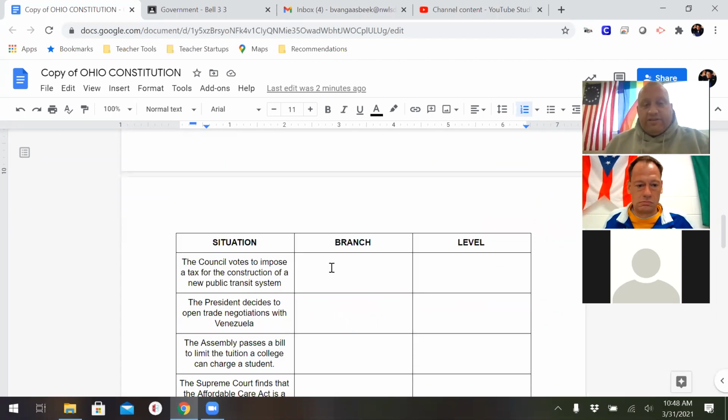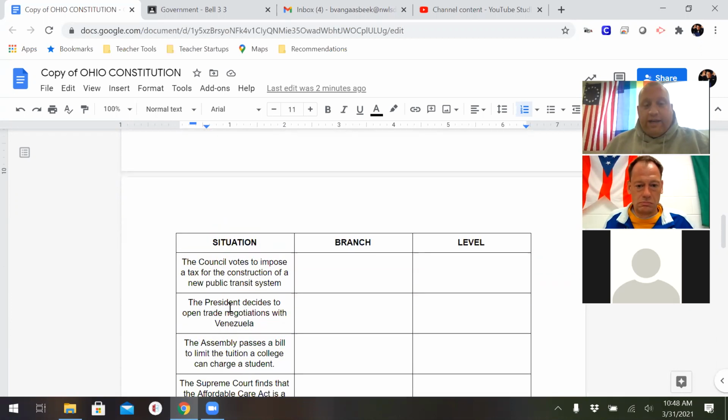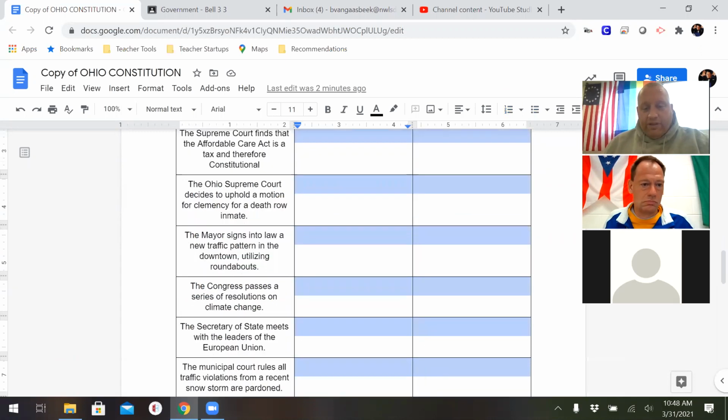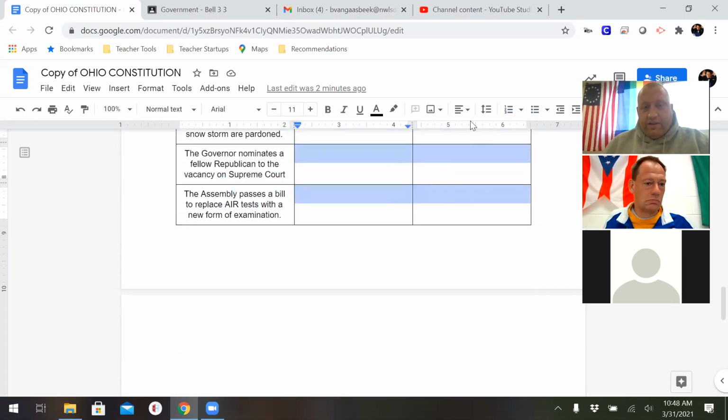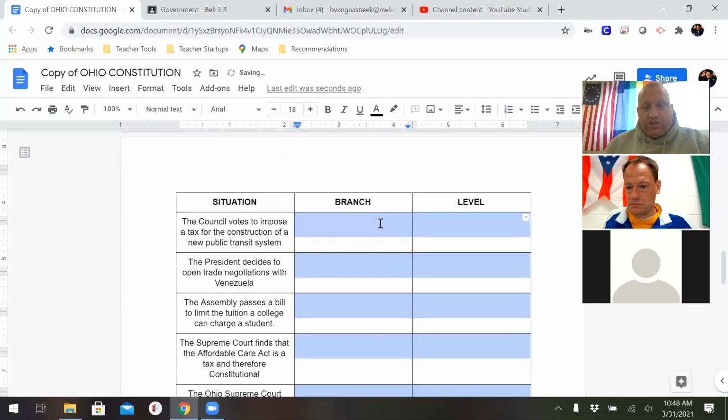Now, the final little step to this activity is a situation activity. These are situations, and this is very similar to what the AIR test does. Here's the situation, and I'm asking you to tell me what branch of the government and what level of the government. So is the branch legislative, executive, or judicial?